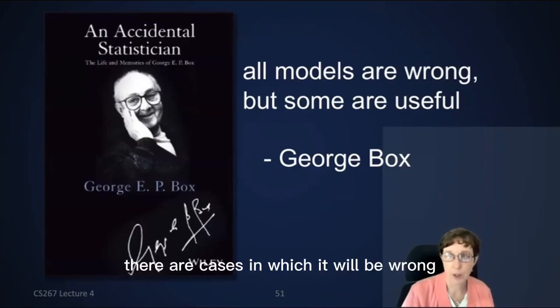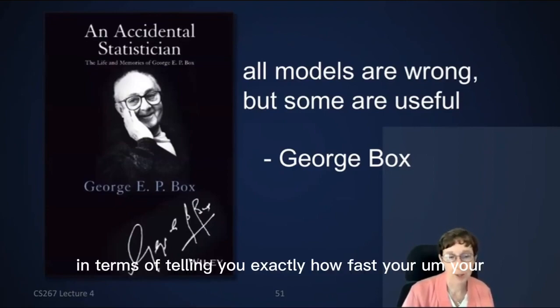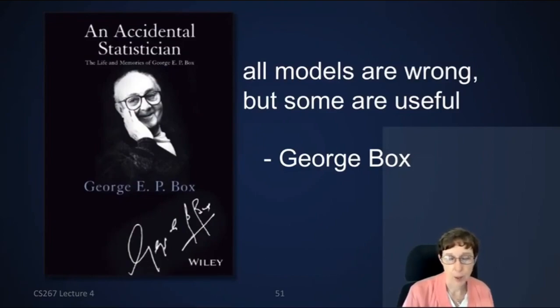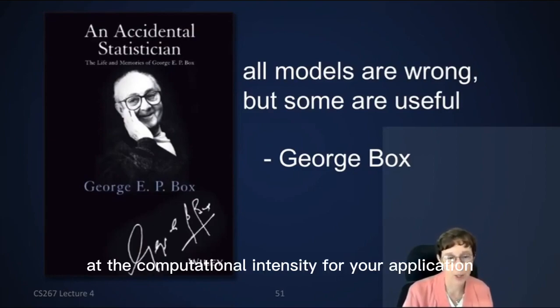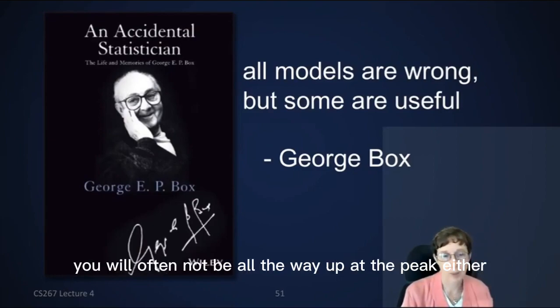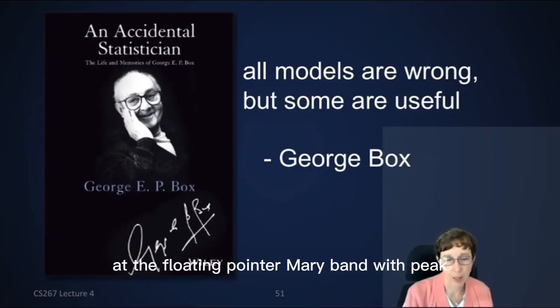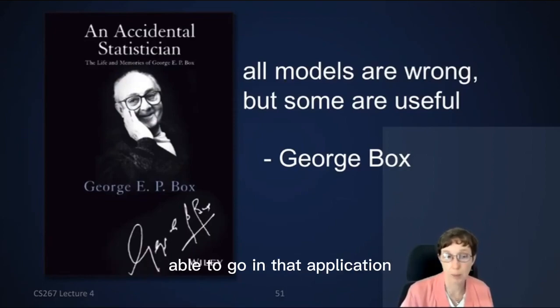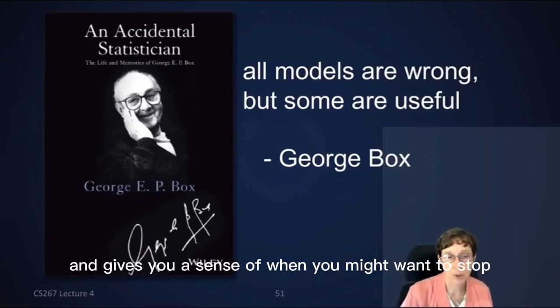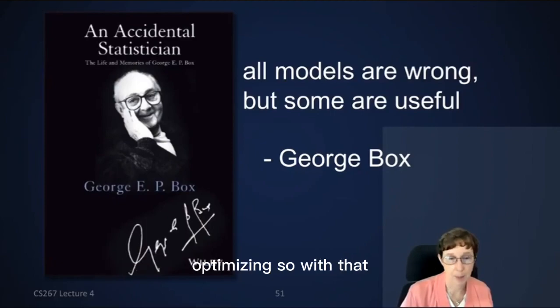There are cases in which it will be wrong in terms of telling you exactly how fast your application will go. Although you put the posts in at the computational intensity for your application, you will often not be all the way up at the peak, either at the floating point or memory bandwidth peak. But nevertheless, it gives you some idea of how fast you might be able to go in that application, and gives you a sense of when you might want to stop optimizing.